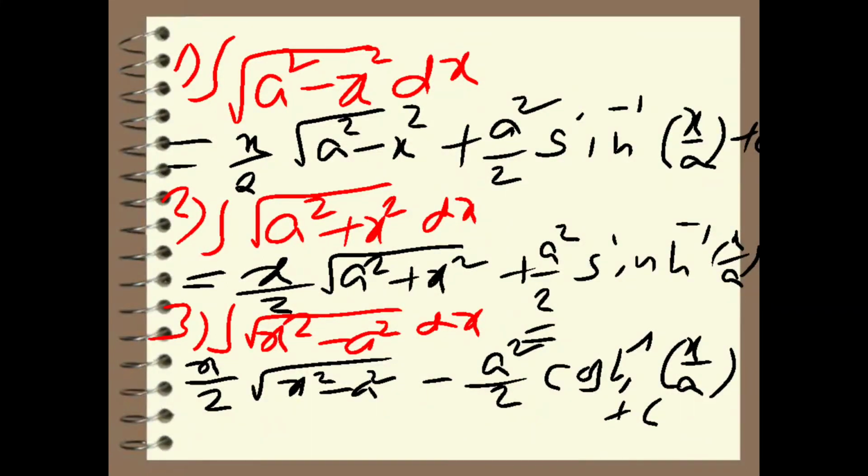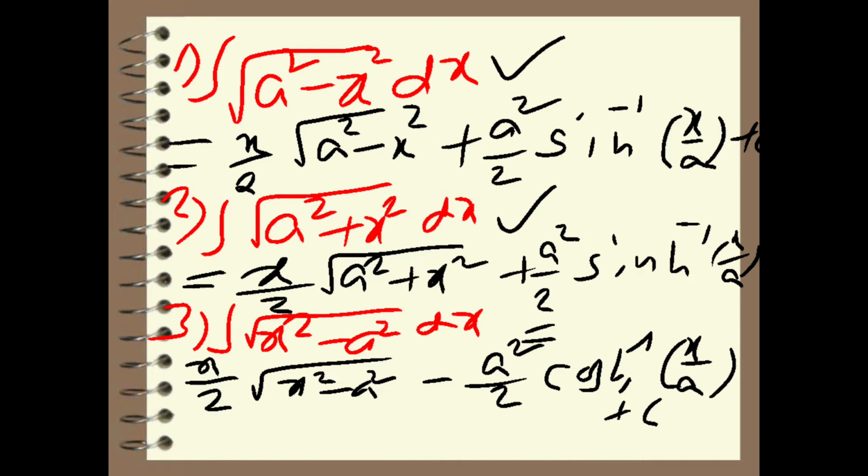Okay, now we observe what are the differences in these three formulae and what are the similarities. First observation: root a square minus x square, root a square plus x square, and the third one is root x square minus a square.